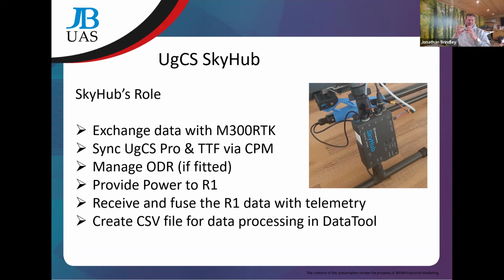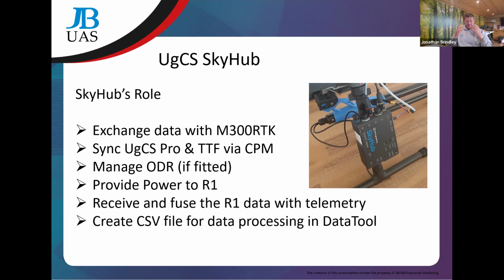We don't take the data like we do some of our other sensors and feed that into the SkyHub and then fuse that data. That's not what we've done with the R3 and R4. They work by, we send an RTK signal for GPS correction into the recorders of the R3 and the R4, and then we just download the R3 and R4 data from the R3 and R4. That's how it's been done.